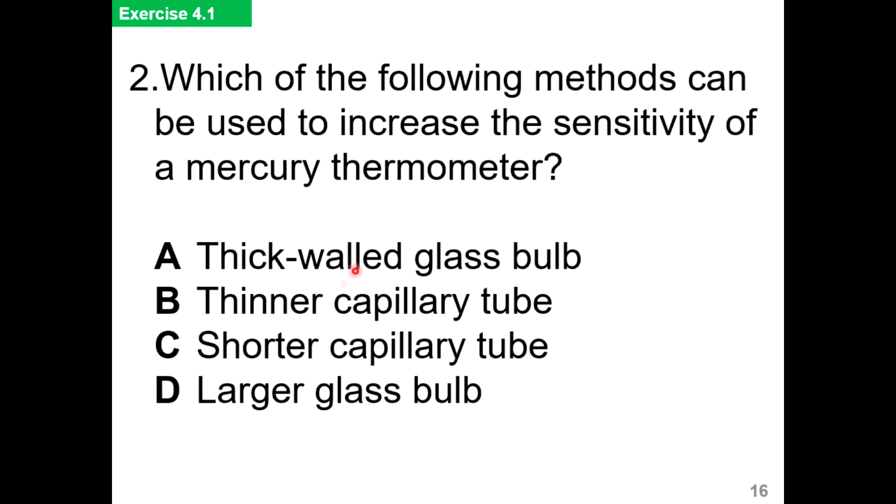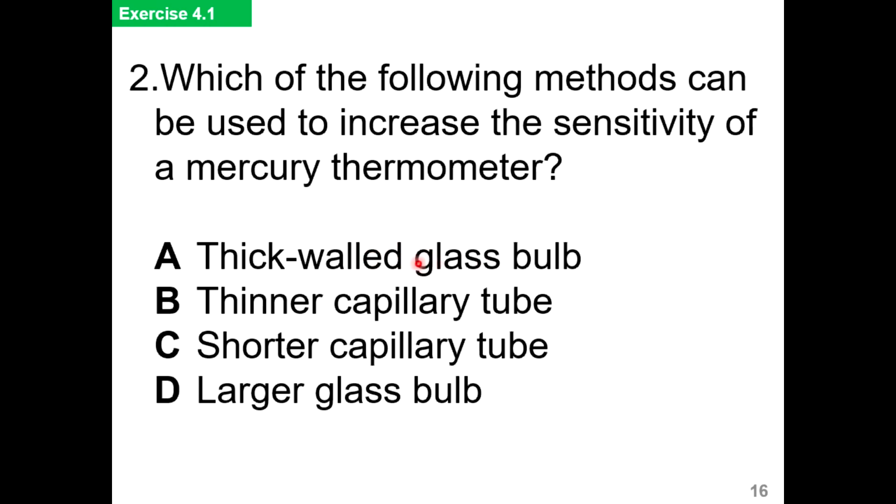Question number 2. Which of the following methods can be used to increase the sensitivity of the mercury thermometer? A, thick wall glass tube, thinner capillary tube, shorter capillary tube, larger glass tube. Which one? Thick wall glass bulb.